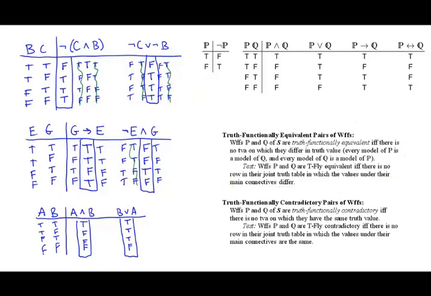In the second case, the columns under the main connectives are opposites. So what we have there is a truth functionally contradictory pair of formulas. And in the third case, what we've got is neither truth functional equivalence nor truth functional contradiction.